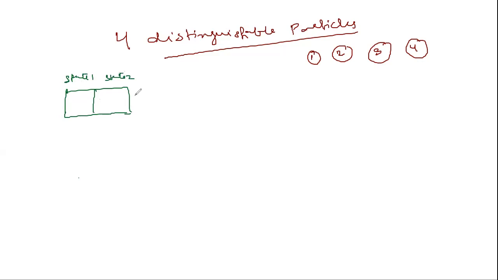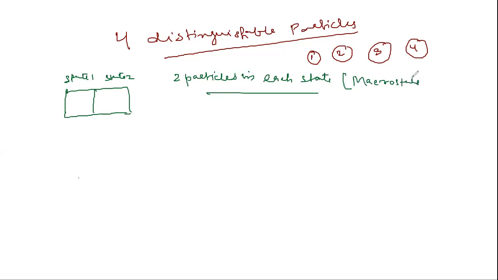Now I tell you my macrostate is two particles in each state. Two particles in each state. So this is my macrostate, right?